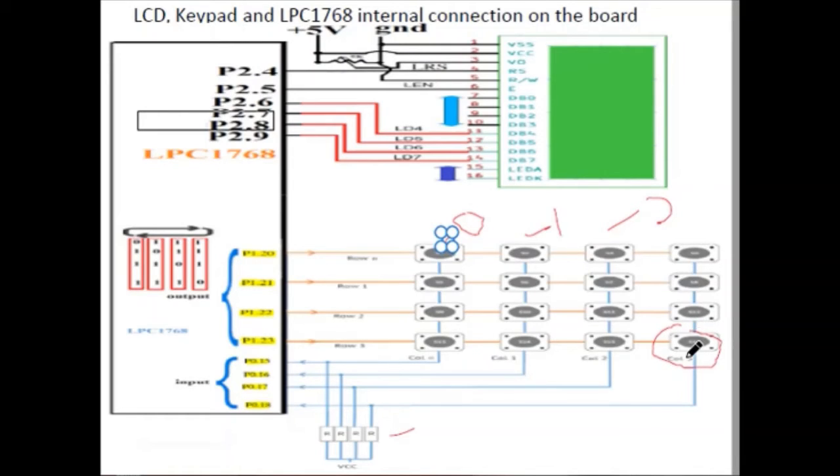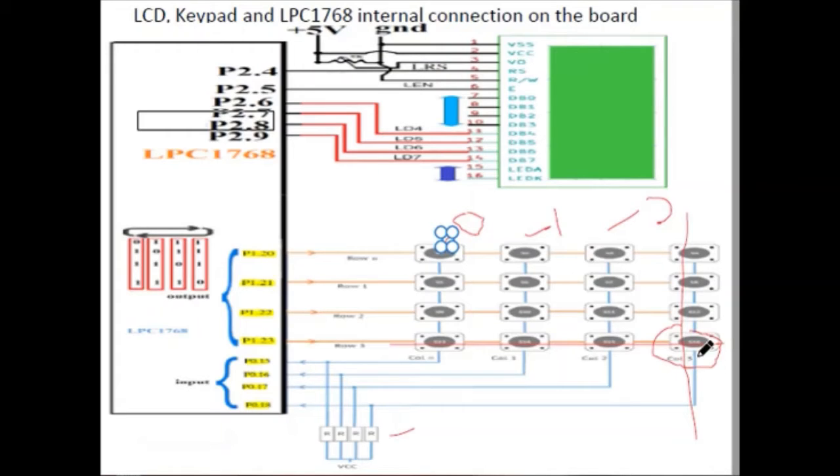So if I select a particular pin, if I select this one, which pins are selected? If this is selected, then this entire column and this entire row will be locked. So I have to check here, we have the MSB bit row 3 followed by the LSB bit of row 0, which corresponds to port 1.23 and port 1.20.